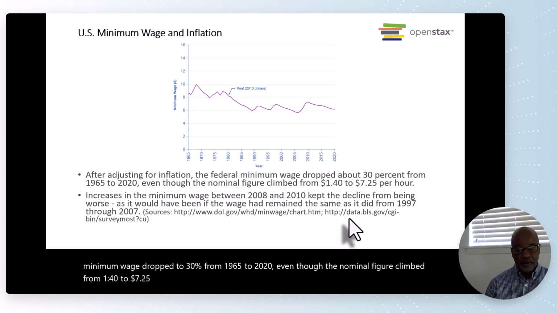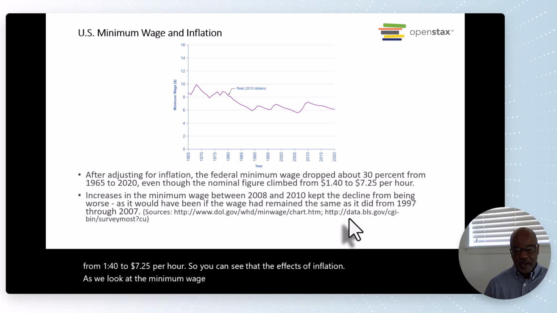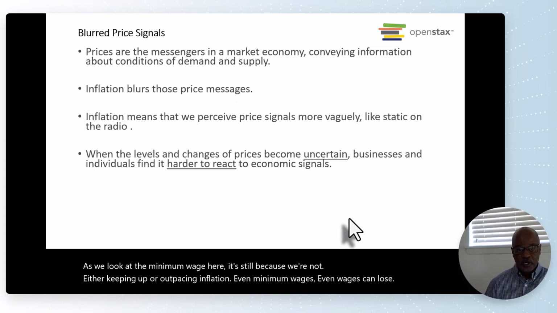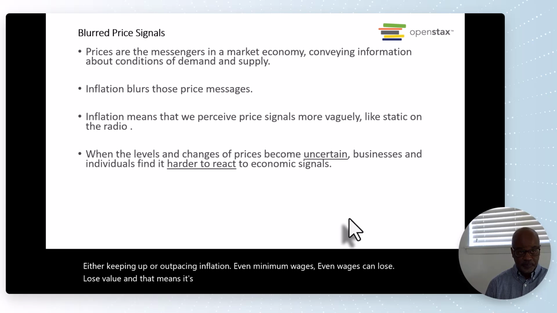So you can see the effects of inflation as we look at the minimum wage here. It's still, because we're not either keeping up or outpacing inflation. Even minimum wages, even wages can lose value, and that means it's losing its purchasing power.